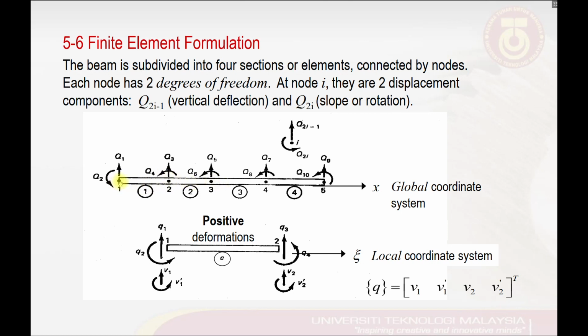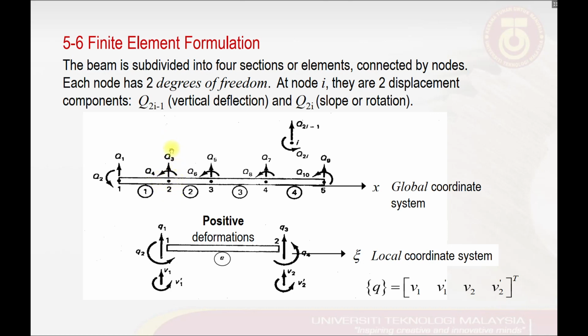So we have node number 1, 2, 3, 4, and 5. And each node has 2 degrees of freedom. That means at one particular nodal point we expect the beam structure to have a deformation and also a rotation. If I am at this particular point, I will have one deformation and one rotation.